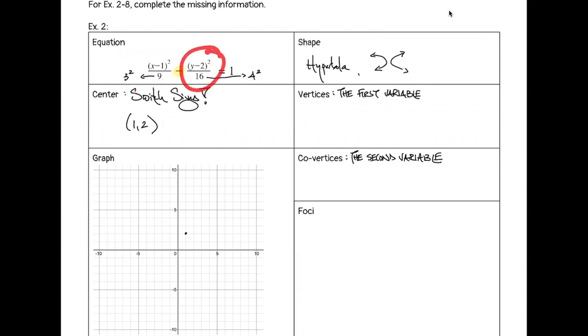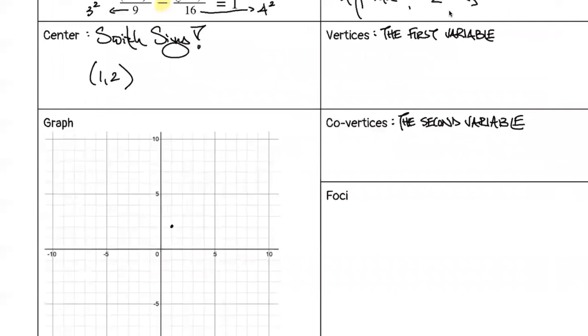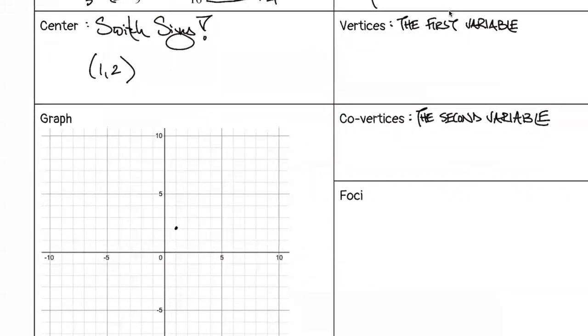The number under Y tells me how far I go up and down. So from the center, I'm going to go out 3, out 3. And I'm going to go up 4, 1, 2, 3, 4. Okay.